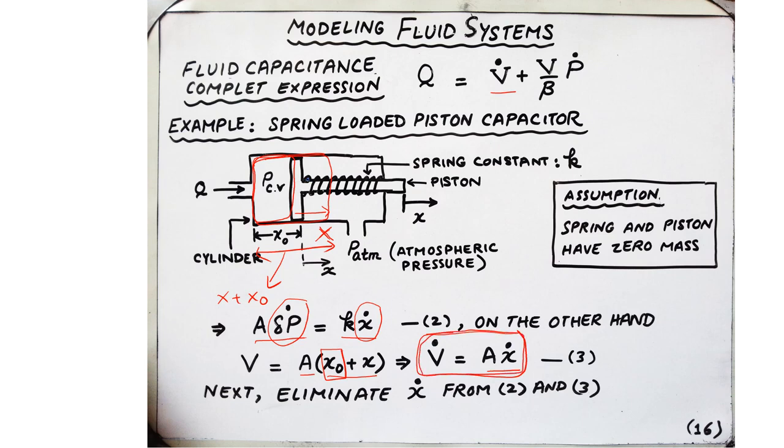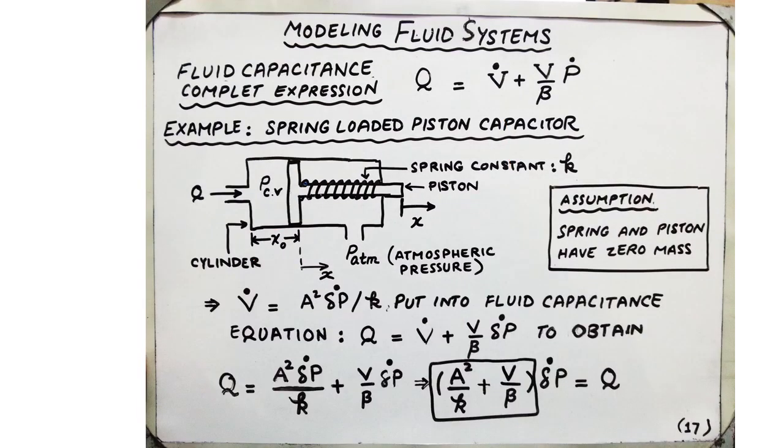Our job now is to eliminate x dot from 2 and 3. Although we are trying to resolve this V dot expression, in doing so we have introduced another time derivative, that is x dot. So we want to get rid of x dot, and that can be done by solving equations 2 and 3 simultaneously.